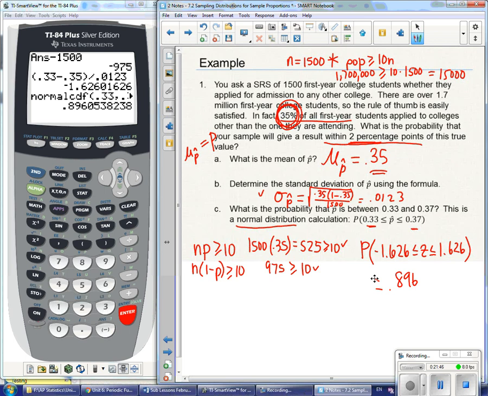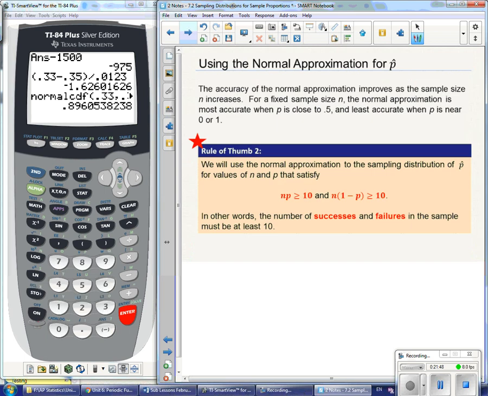All right, so let's take a look at the second rule of thumb. And again, we just kind of mentioned that. The accuracy of the normal approximation is going to improve as our sample size increases. And if you have a fixed sample size, the normal approximation is most accurate and appropriate when p is close to 0.5, and least accurate when our p is near 0 or 1. And that's because your distribution will be more skewed.